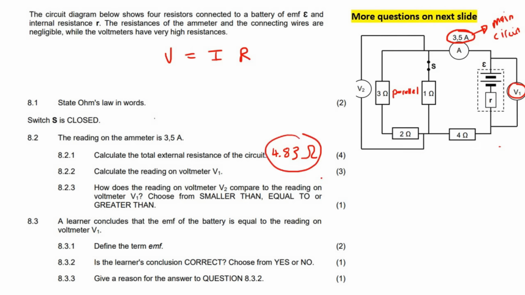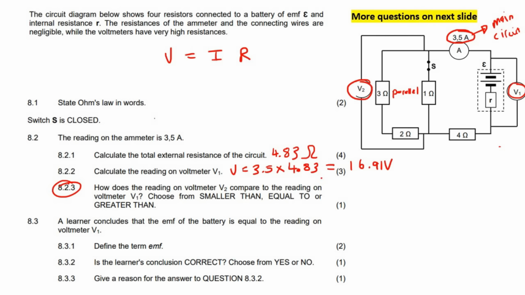So you will say V equals I times R, which is equal to 3.5 multiplied by 4.83. And that'll give you 16.91 volts.